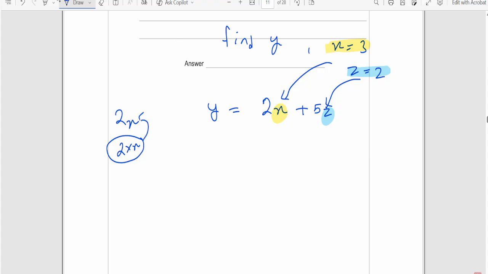After multiplying 2 and x, we get 2x. So the operation between them is multiplication. Also here, 2 times 3, which is 6. Yes, here we got 6. And here we do 5 times 2, which is 10. Then we add them, we get 16. Yeah, good.